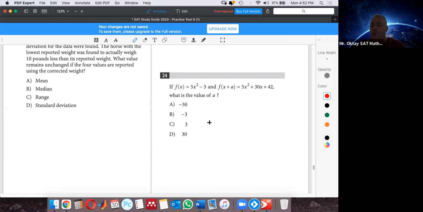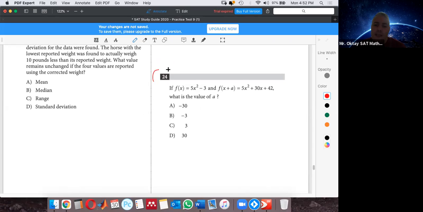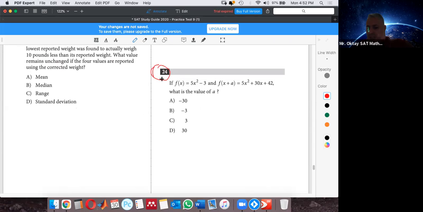Let's have a look at 24. Later we will solve the others also. Now, f of x is this, f of x plus a is this, so what is a? It is so simple. Since this is f of x, what does f of x plus a mean? In function f of x, when you see x, write x plus a.